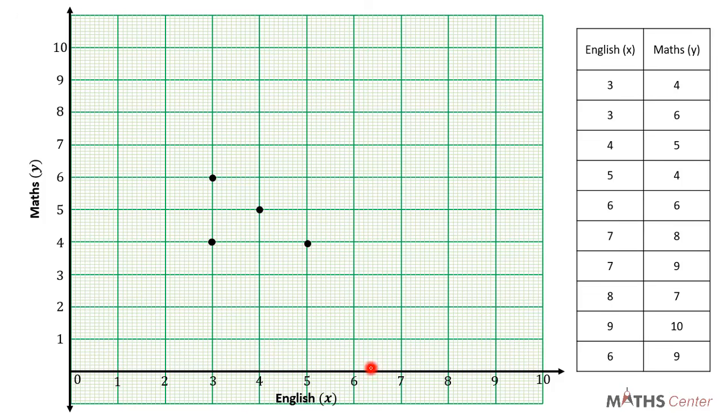We have (6, 6). (6, 6) is here. Then (7, 8) is here. (7, 9) is here. (9, 10) is here. And the last one is (6, 9). (6, 9) is here. This is our scatter diagram.